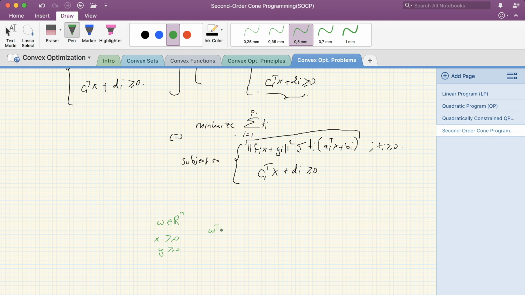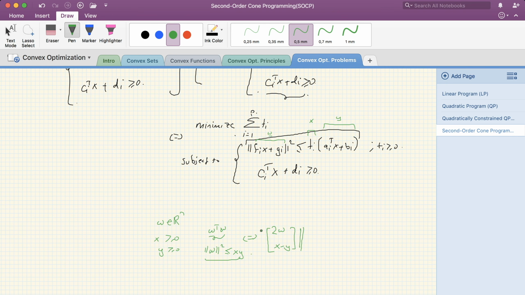If w transpose w, or in other words, the norm of w squared, is less than xy, so this is x, this is y, this is the vector w, then we can say that this inequality right here is the equivalent of the norm of 2w in the first entries with x minus y right here.